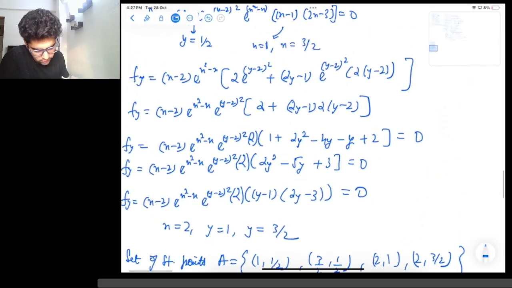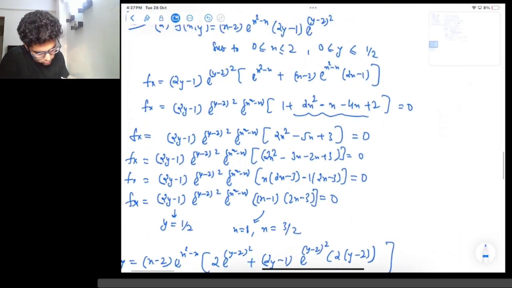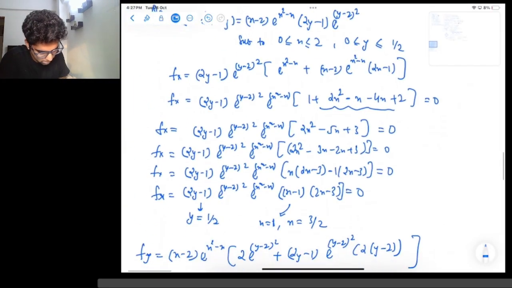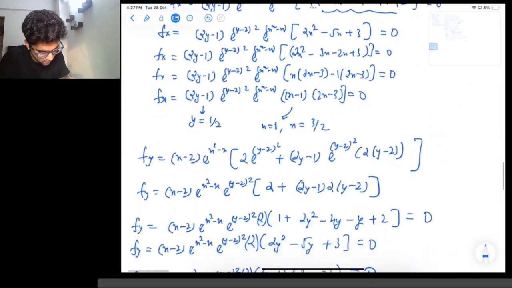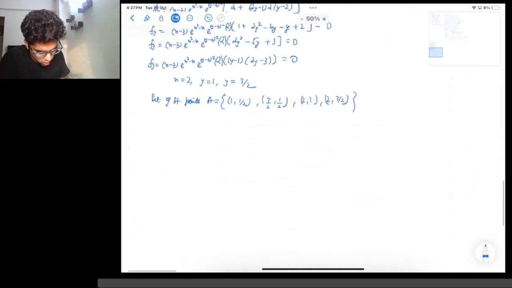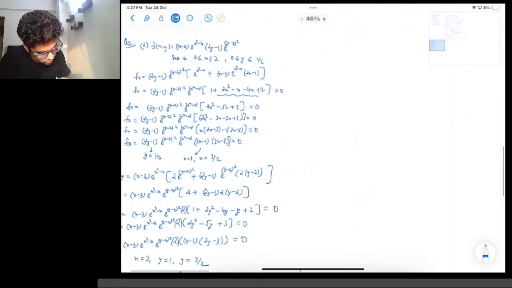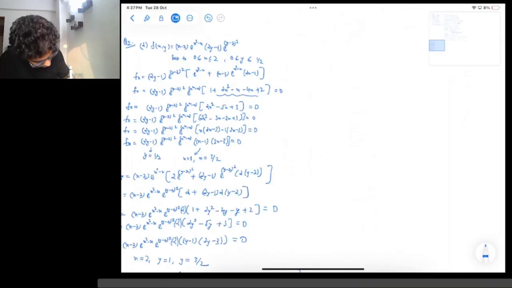Now I'm already given 2 constraints also, so I need to take them into consideration. So my x lies between 0 and 2, my y lies between 0 and half. Fine, let's just draw these constraints. So my constraints given to me were this, so this is my function.